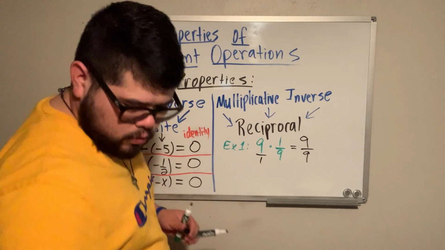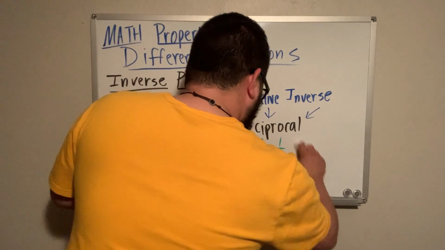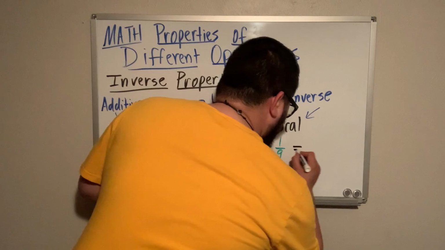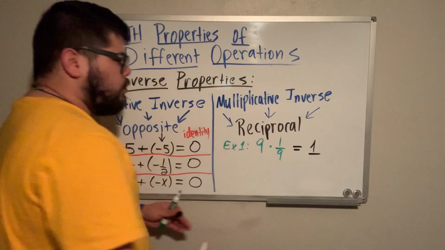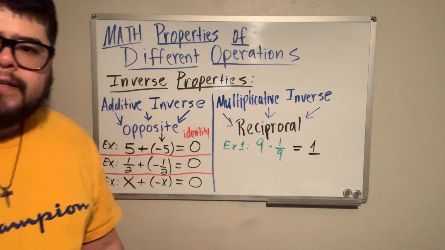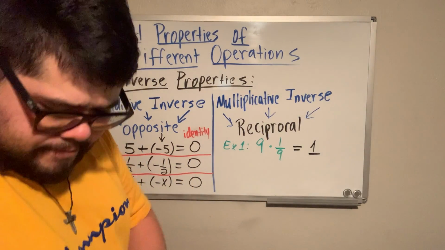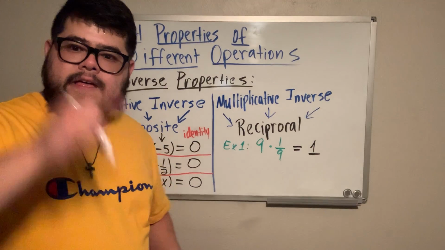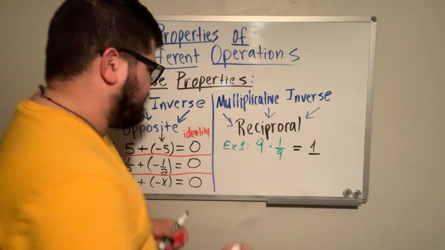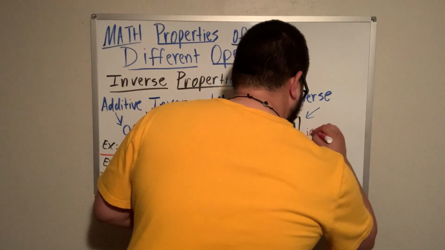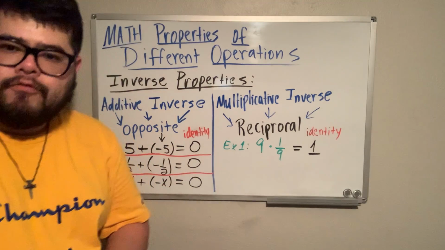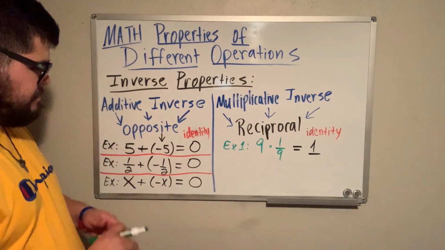So when we multiply 9 times 1 over 9, we are going to get the number 1. And do you remember, what is the number 1? The multiplicative identity, right? This is the identity for multiplication, okay?